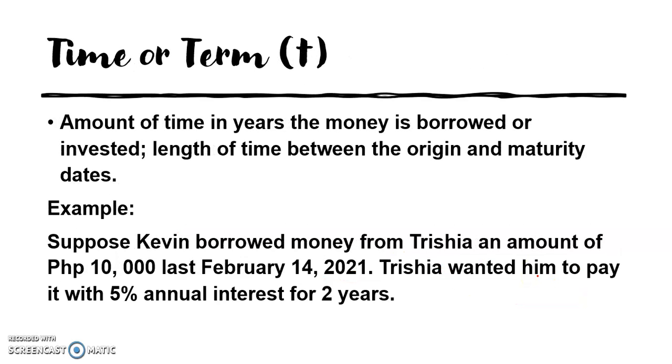Next is time or term, denoted by small letter t. This is in years. Amount of time in years the money is borrowed or invested. Length of time between the origin and maturity date. By the way, yung mga investor, example din sila ng lender.